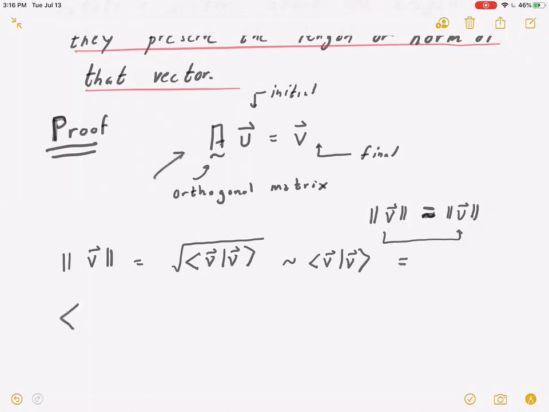This equation tells me that the bra v is just A acting on u, and the ket v to the right of the vertical bar is just the matrix A acting on u. That is, by definition, the dot product of A times u with itself.